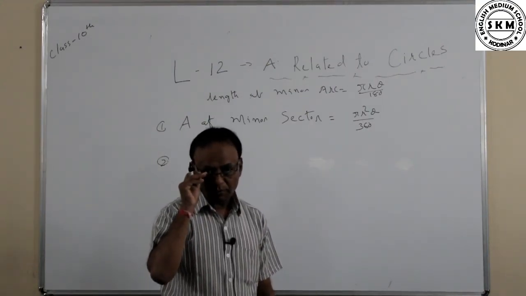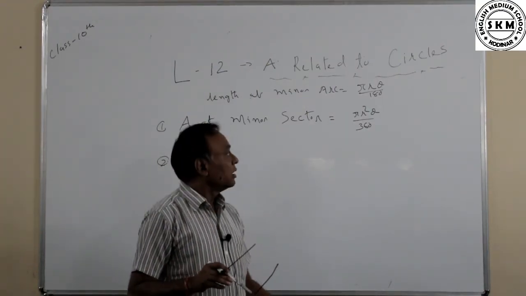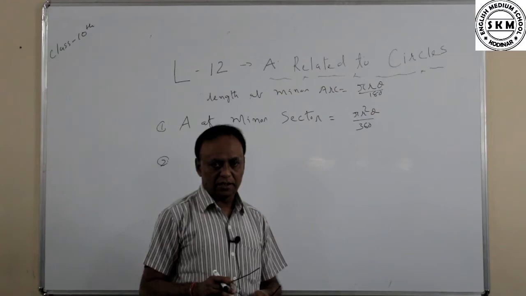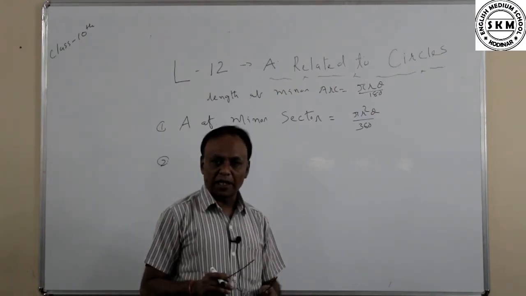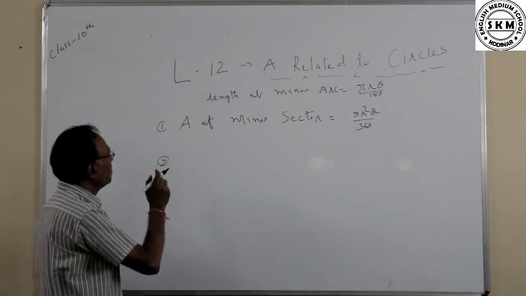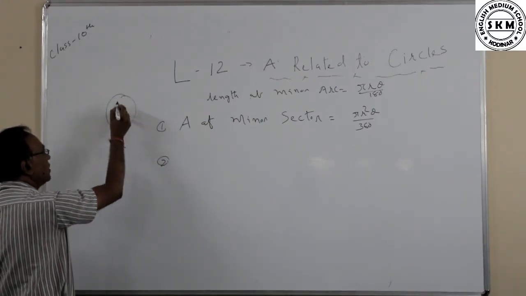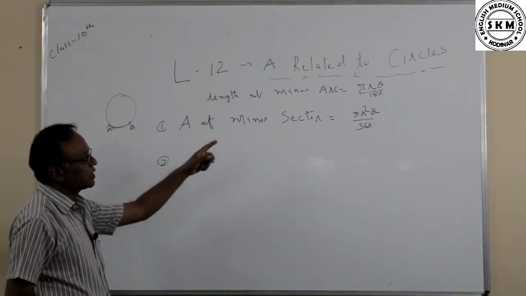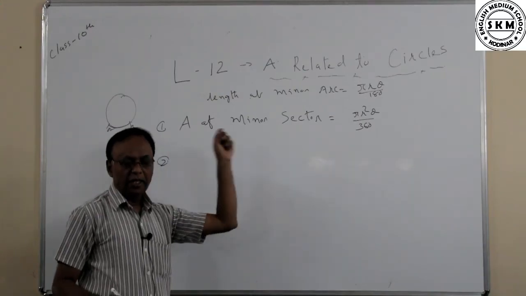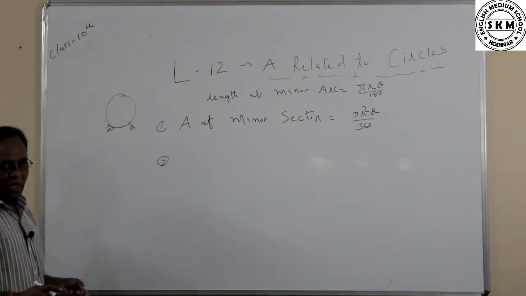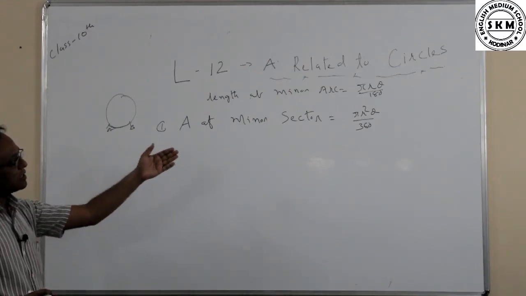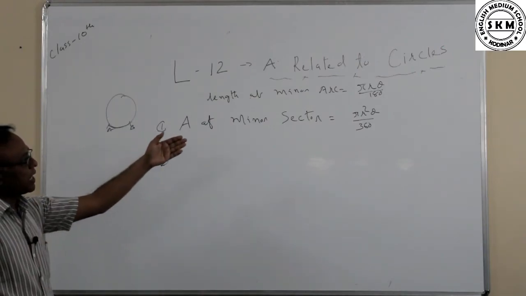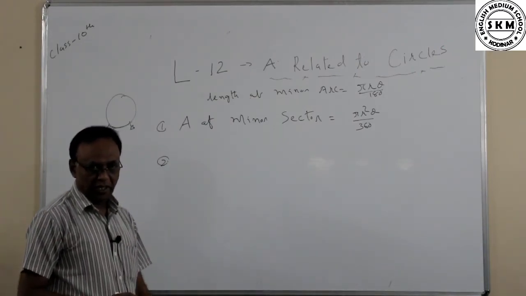Now if it is a major arc, then circumference minus the length of the minor arc. So here I want to find the length of the minor arc AB. There is the formula pi r theta upon 180. And if I want to find the length of the major arc, then circumference means 2 pi r minus pi r theta upon 180.